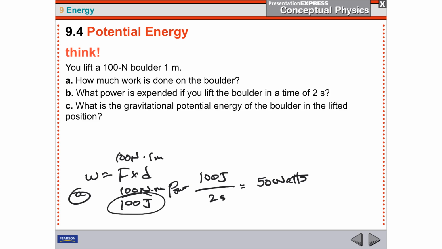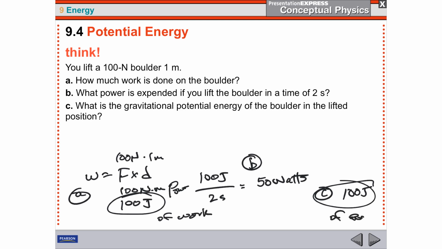And so if you put work in something to make it have more energy, you've given it the same amount of energy that you put work into it. So this is B. C is going to be 100 joules of energy. So you have 100 joules of work, and if you do 100 joules of work on something, you've got 100 joules of energy, specifically potential energy.